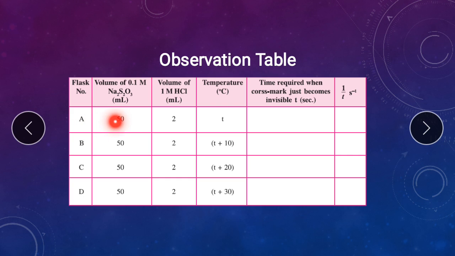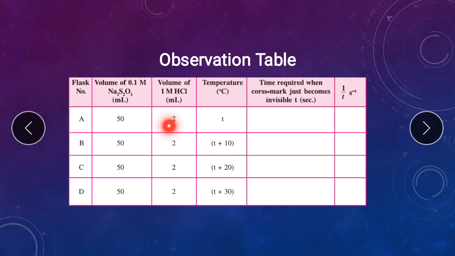In conical flask A, take 50 ml of 0.1 molar sodium thiosulfate solution and record the initial temperature using a thermometer. After recording the temperature, add 2 ml of 1 molar HCl solution into it with the help of a measuring cylinder.